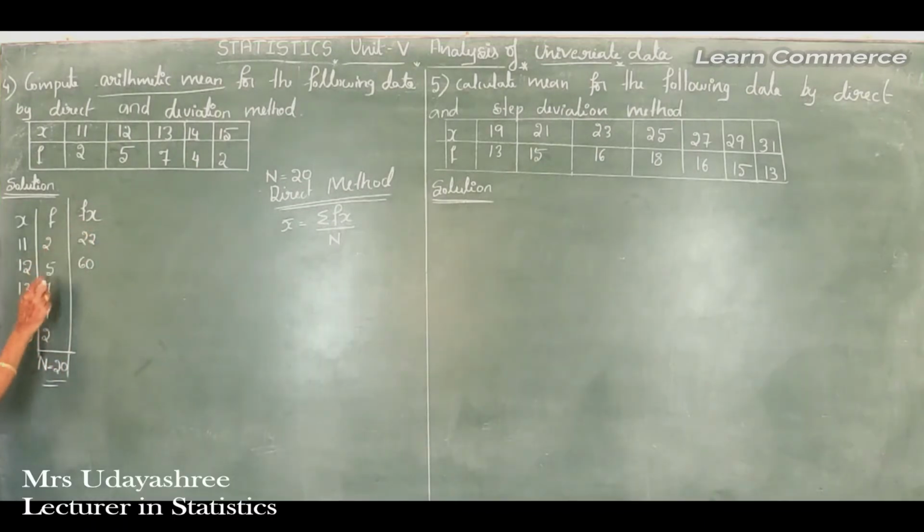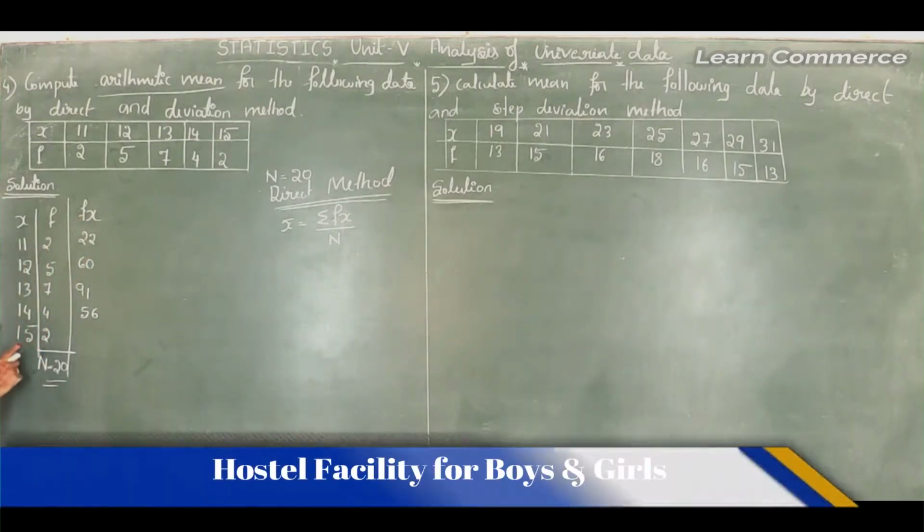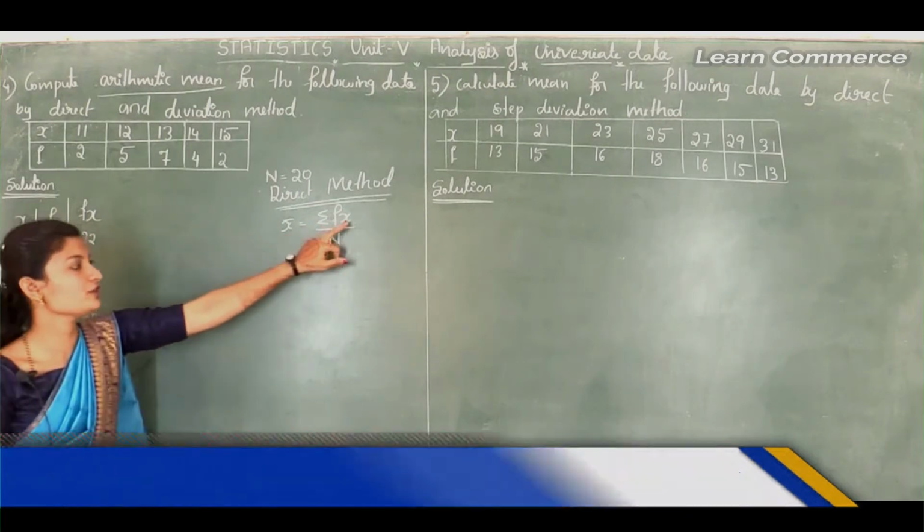Next, f is 7, x is 13, so 7 into 13 is 91. Next, f is 4, x is 14, so 14 into 4 is 56. Next, f is 2, x is 15, so 2 into 15 is 30. So here we got the f into x observations.